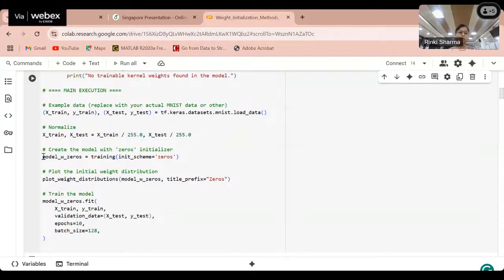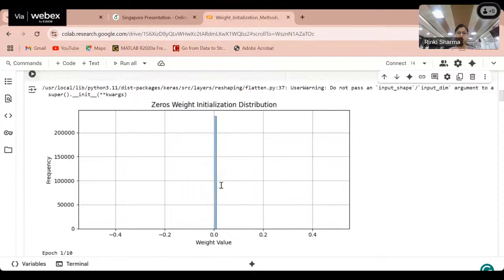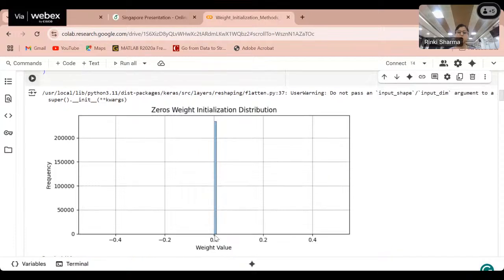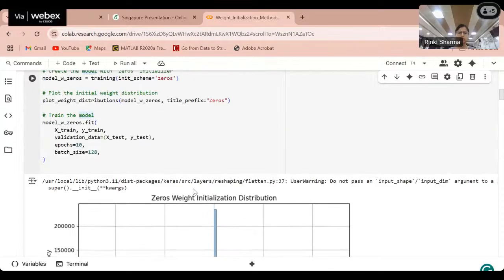So it is model_w_zeros, and again we call the second function, plot weight distributions, which will take the model and title prefix zeros. This will plot the distribution of the zeros initialization. This is a distribution plot. All weights are 0, and there are more than 2 lakh entries in the weight matrices, and all are zeros here. So there is no diversity and learning in the neural network.